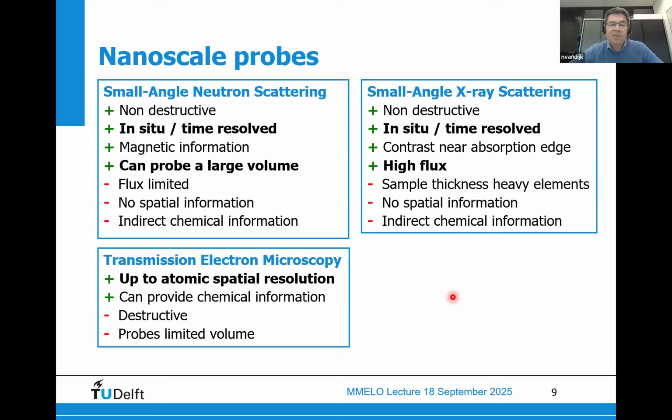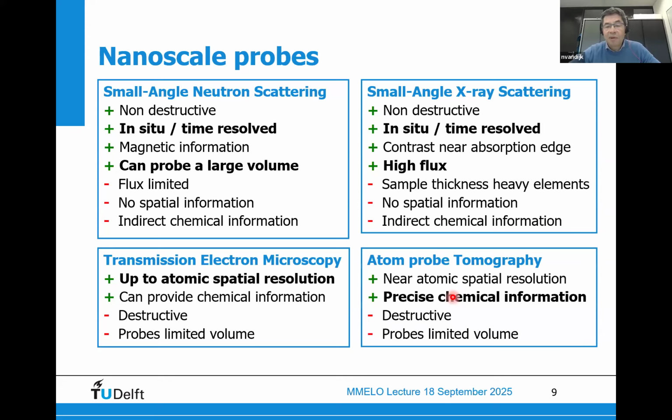So if we compare that to TEM, then TEM has a fantastic resolution, typically up to atomic scale. And you can really get the shape and internal structure of these secondary particles on a nanoscale with very high resolution. If you look at atom probe, they give fantastic information on the chemical composition of these secondary particles, whether there are internal gradients in composition and so on.